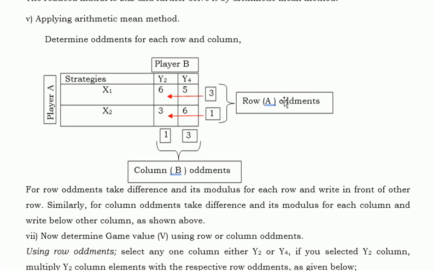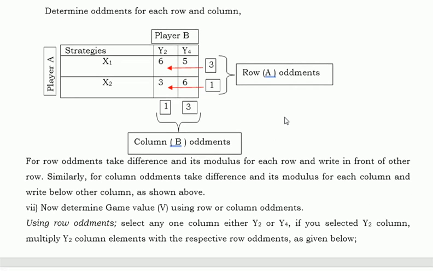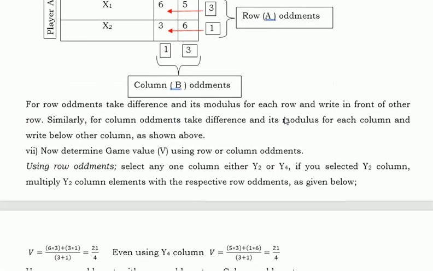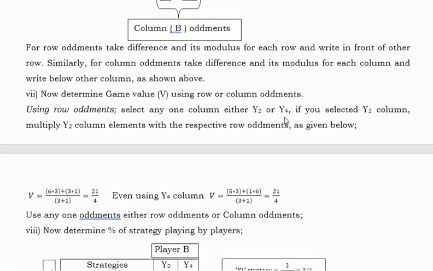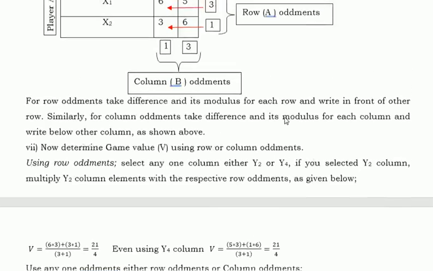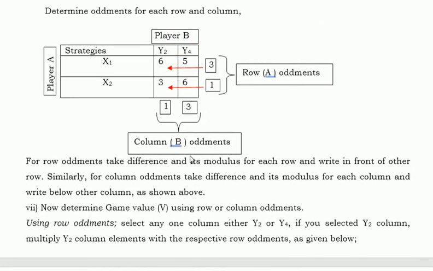Now these are the row oddments and column oddments. Now you determine the game value using row oddments or else column oddments. If you use row oddments, select any one column, y2 or y4.